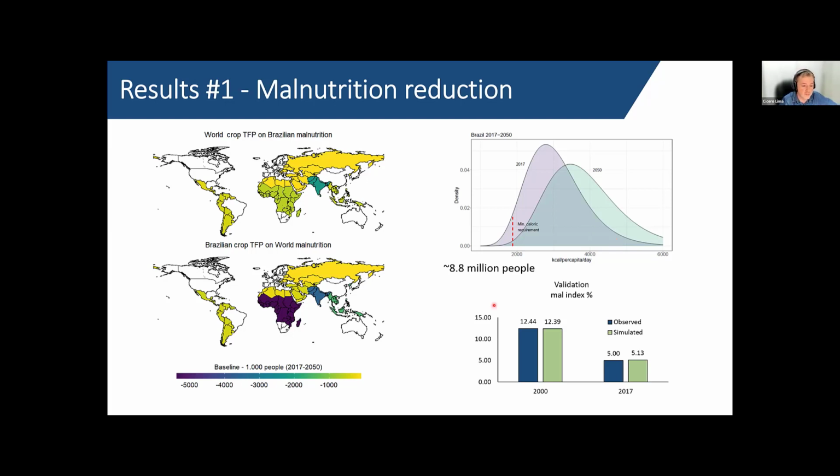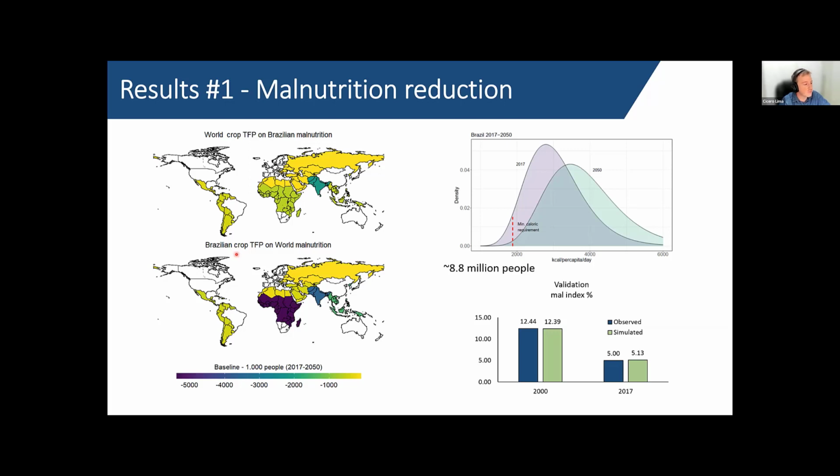We also have some good numbers for the validation of this model, when you look at the values in 2000 and in 2017. A good feature of GTAP, because the model is running in GTAP code, is that we can track the subtotals. On the left, I have two maps that I'd like to show.